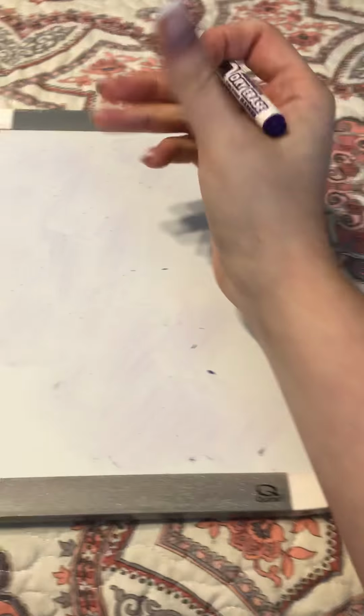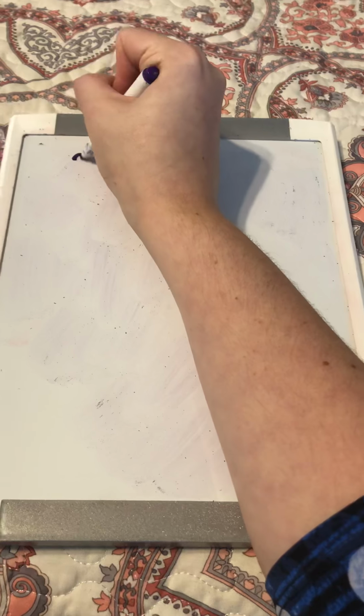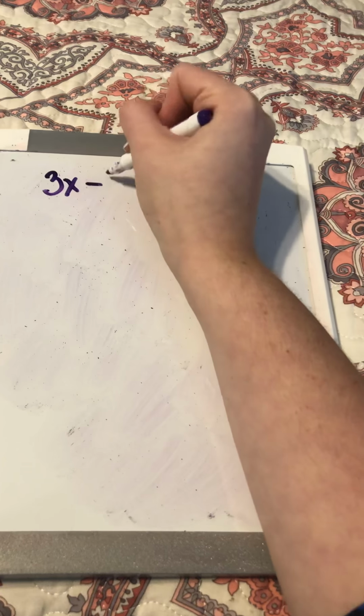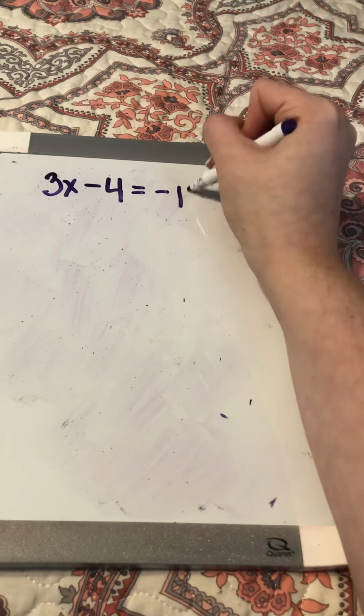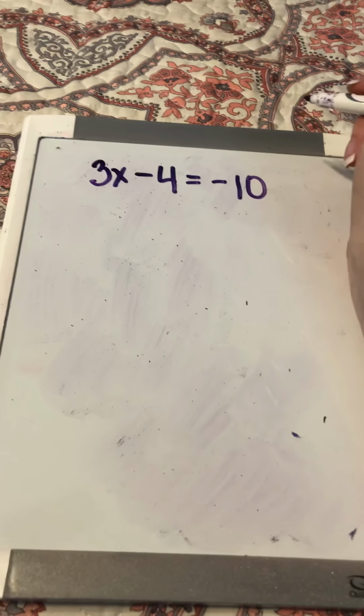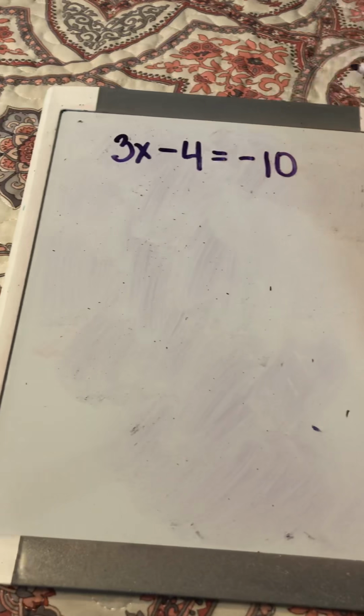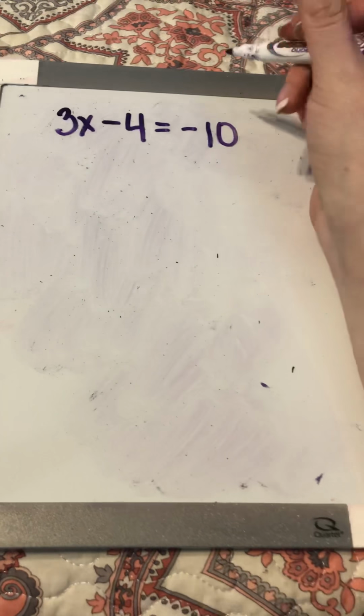Okay, so our next equation that we're going to have is 3x minus 4 is equal to negative 10. So we want the x again all by itself.